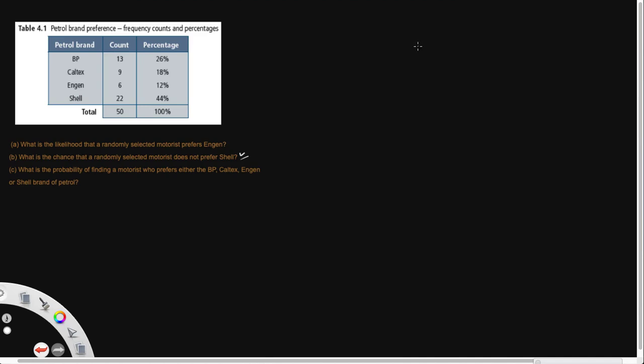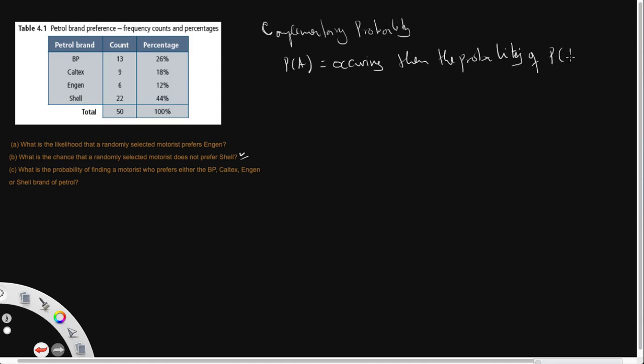This is a very interesting one, because remember when we spoke about the complementary probability: if the probability of an event occurring is P of A, then the probability of A not occurring is 1 minus the probability of A. Remember that all probability goes only within this range, between 0 and the highest you can reach, which is 1.